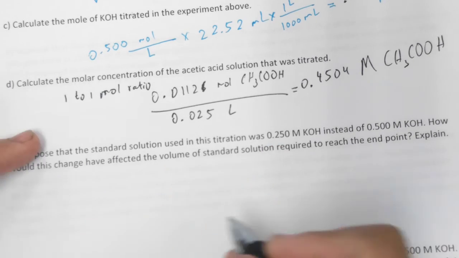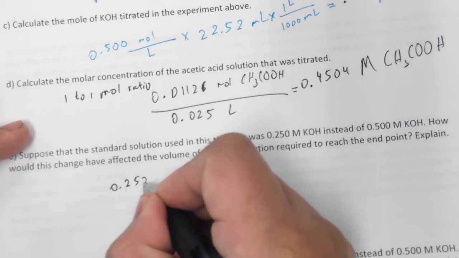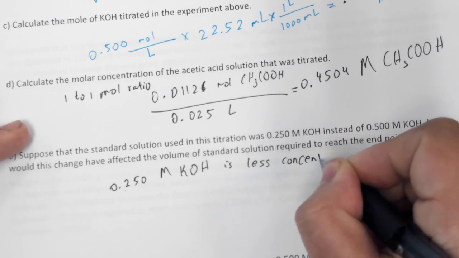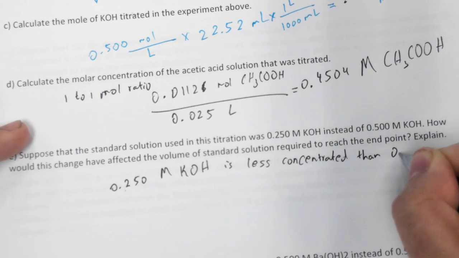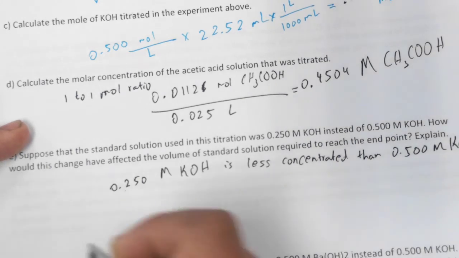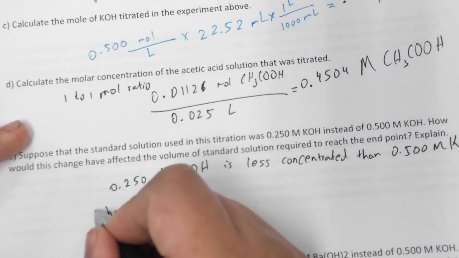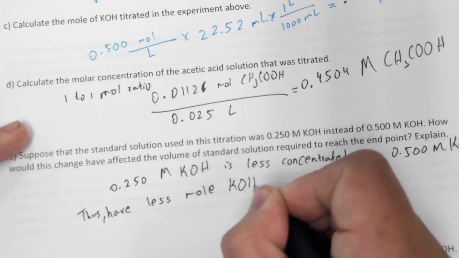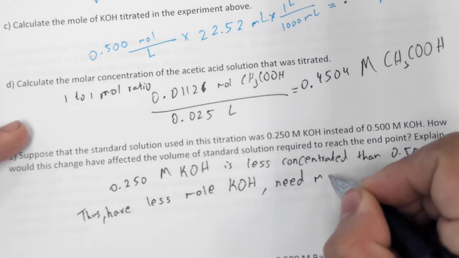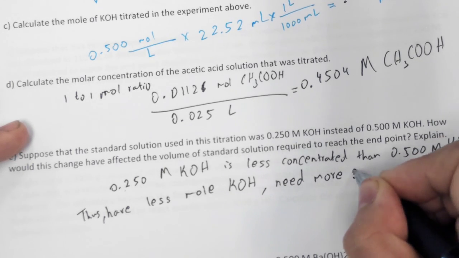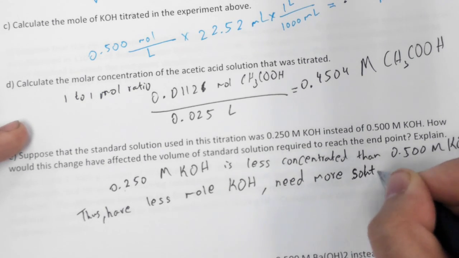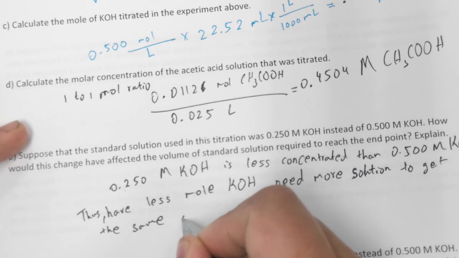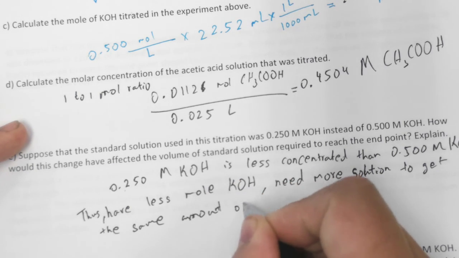Because it's lower concentration. So we're going to say 0.250 molarity KOH is less concentrated than 0.500 molarity KOH, thus it has fewer moles of KOH, so you need more solution to get the same amount of KOH.